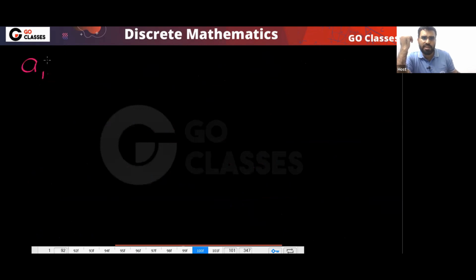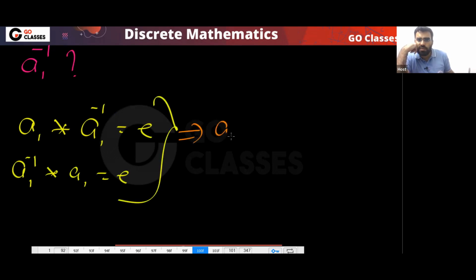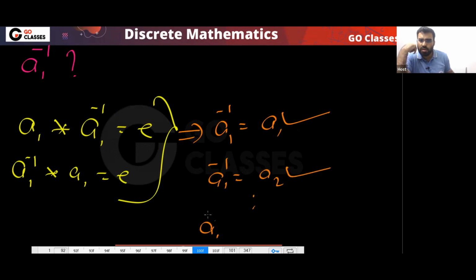If I want to find A1 inverse, then what will that be? A1 inverse is defined like this. This is the definition of A1 inverse. And you can clearly see that A1 inverse will be A1 also, A2 also, and so on, AN also.